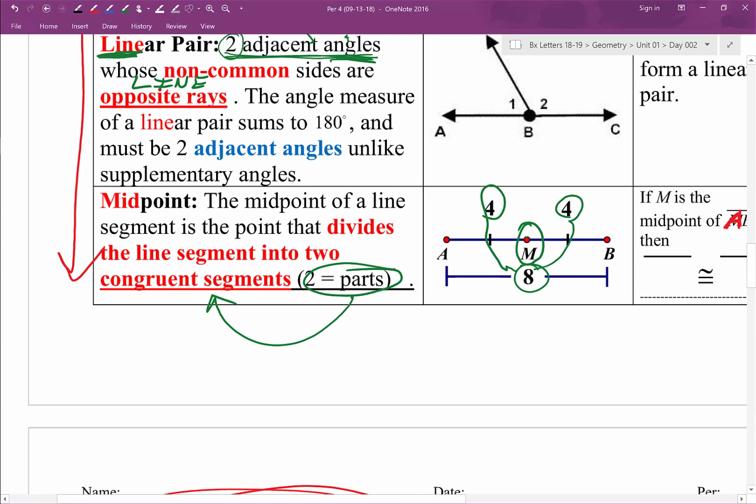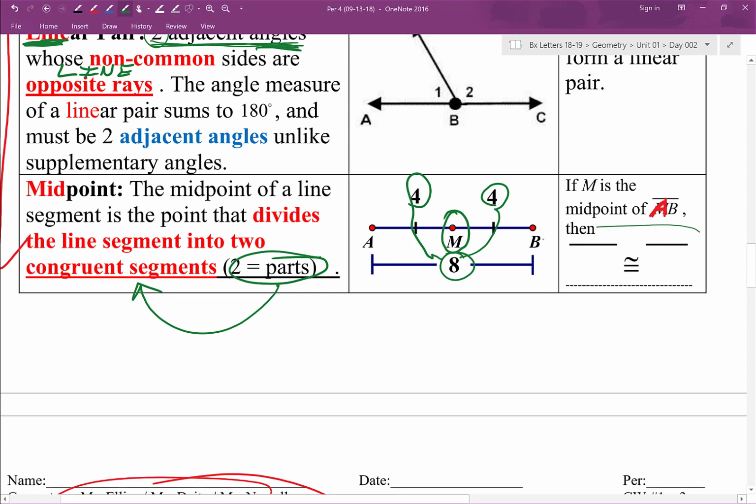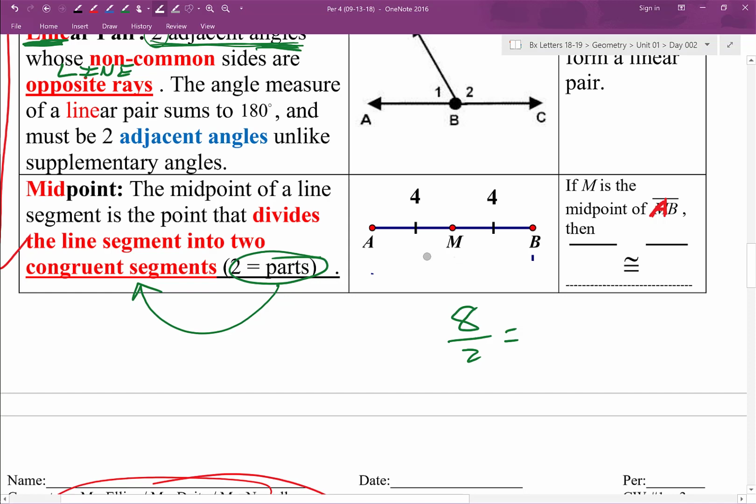We're going to fill in this notation thing. I understand that the 2 parts are 4 and 4. You could take 8, divide it by 2, and you'll get the 2 congruent pieces. But sometimes, like in a couple units, they're not going to give you numbers. They're just going to tell you, M is a midpoint of segment AB. What can you tell me based on that?